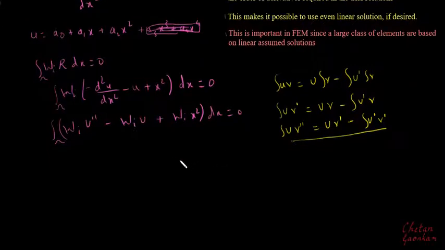I need to carry out the integration by parts only on the first term, because the u term has no order of differentiation. What is really bothering us is the second derivative of u with respect to x. So I do the integration by parts on this term even before substituting any trial function.